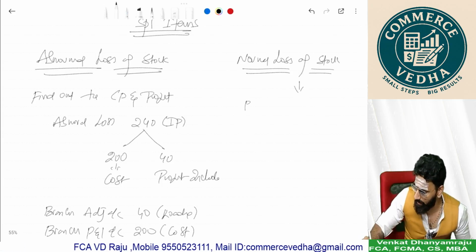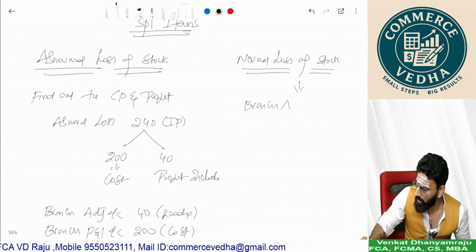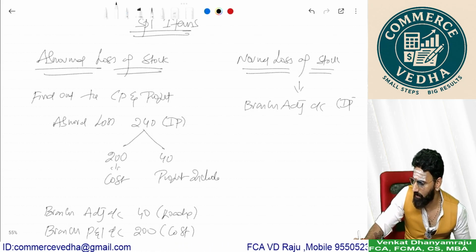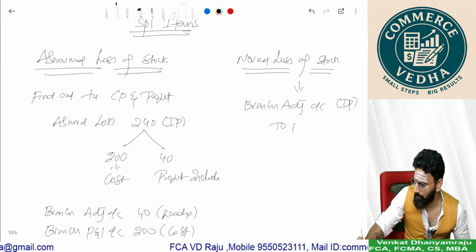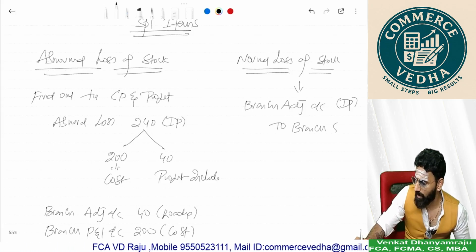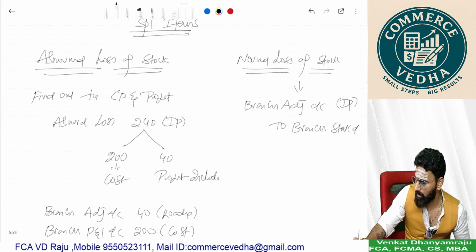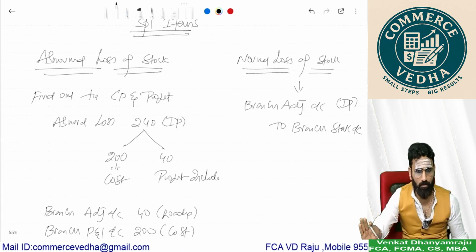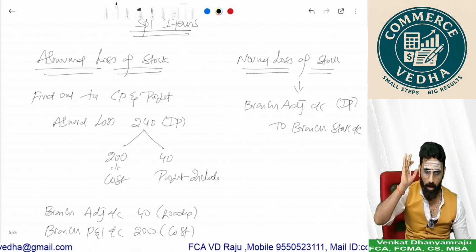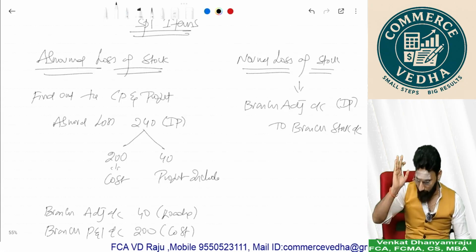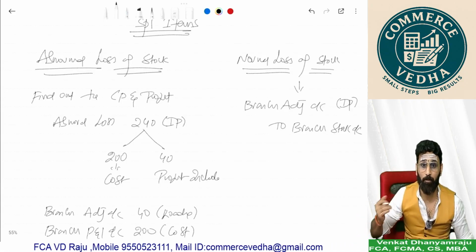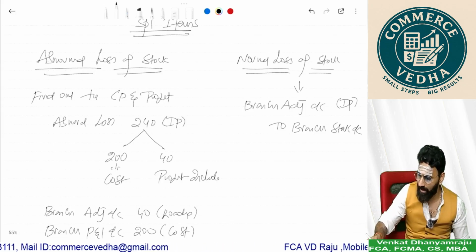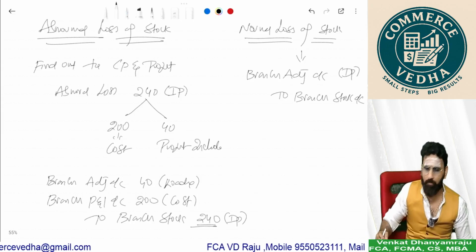You can write branch adjustment account invoice price to branch stock. If the sum is silent on which type of loss, always assume abnormal loss and split between adjustment and P&L.